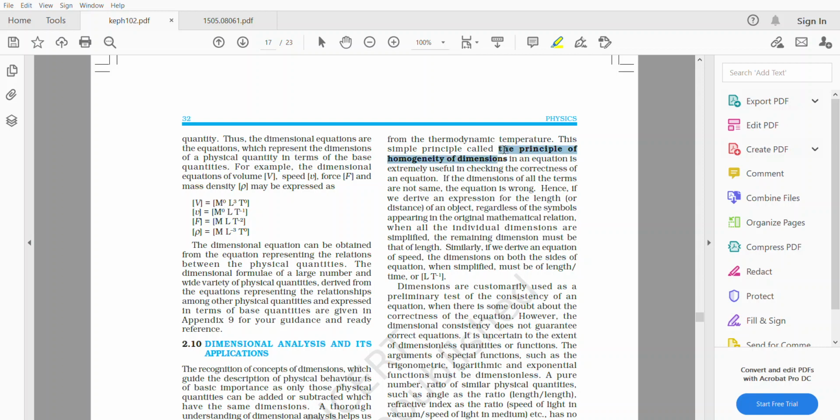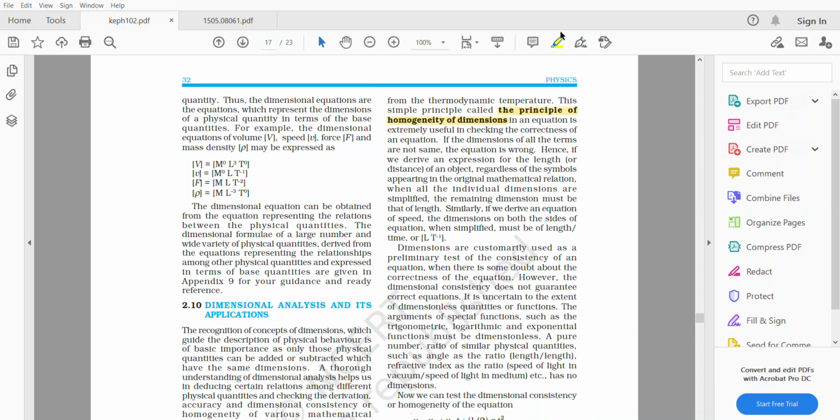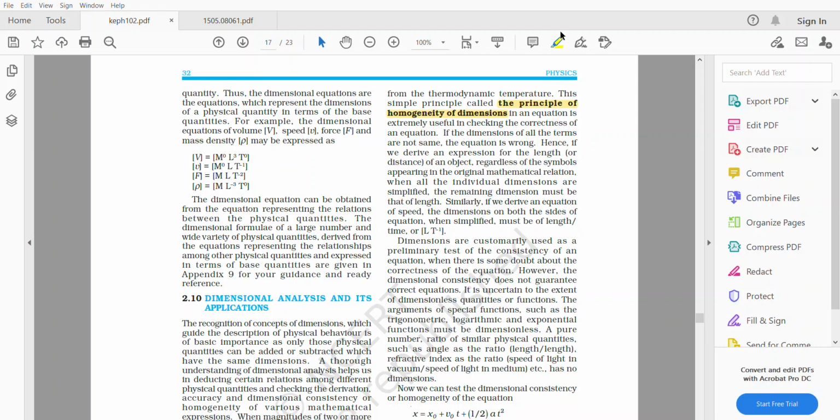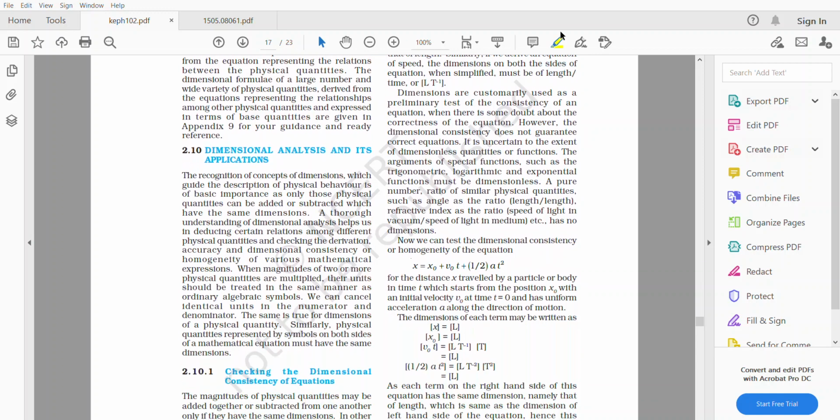According to this principle, every term in an equation should have the exact same dimensions. It's a very basic principle. So if we are looking at an equation, every term on the LHS and the RHS should have the same exact dimensions. And here they have given an example of linear kinematic motion.